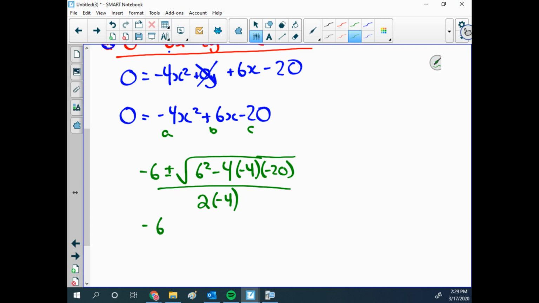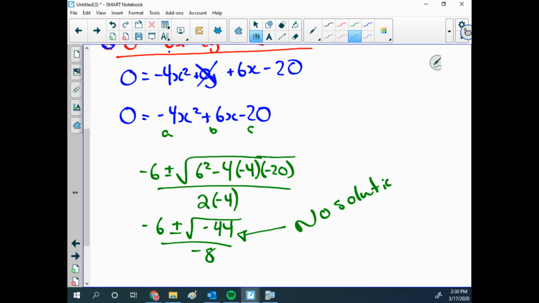So this becomes -6 plus or minus the square root of 36 minus -4 times -20, which is going to give me a -44, over -8. And you should see this and remember from last unit, as soon as I have a negative underneath that square root in the quadratic formula, that's called my discriminant, it tells me that there are going to be no solutions.